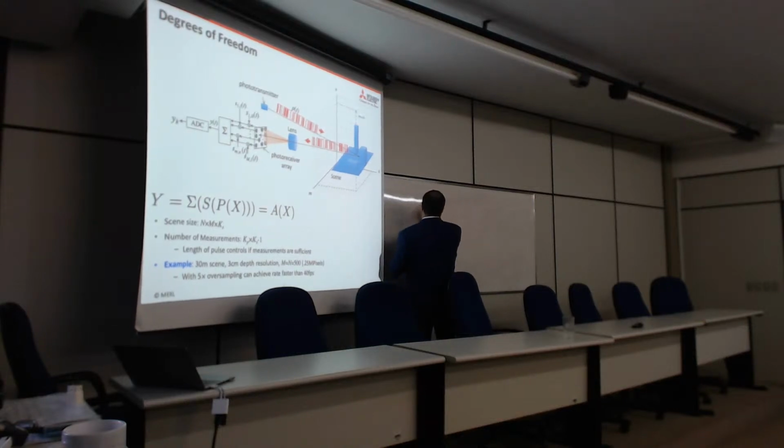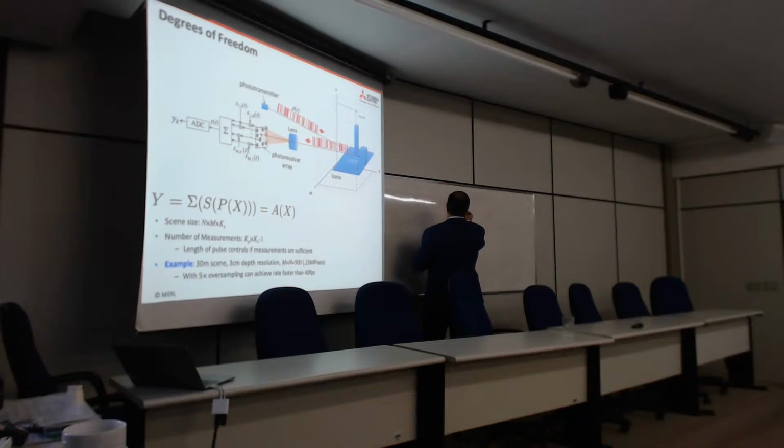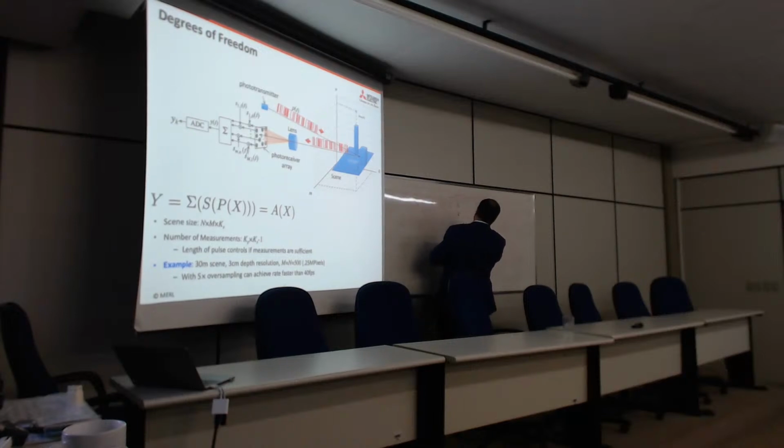So let's say you have a reflector here and a reflector here, a different pixel. This is one pixel, this is the other pixel, and that gets multiplied by a different code. What you will receive at this point is your original pulse delayed, and at this point you will get your original pulse delayed by less.